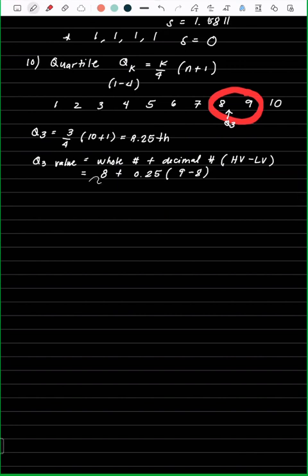Why is it 9 and 8? Since Q3 is here, the highest value and lowest value would be 9 and 8, because that's where you're going to find your Q3. So this becomes 8 plus 0.25 multiplied to 1. Adding them, it would be 8.25.